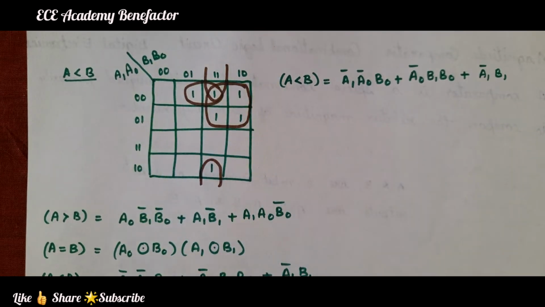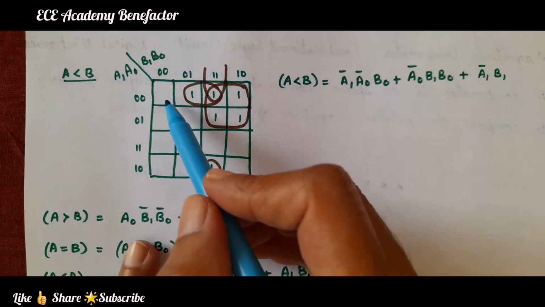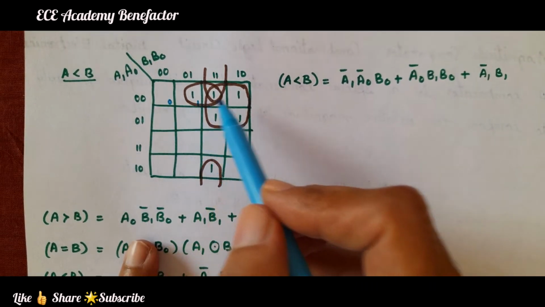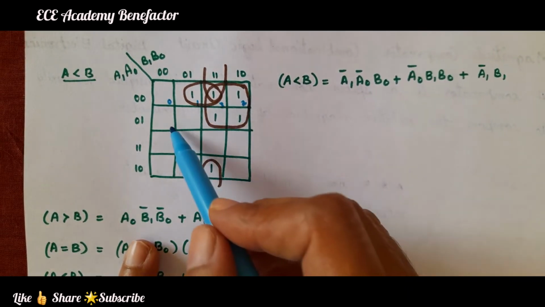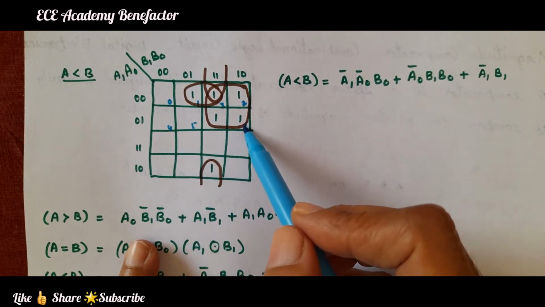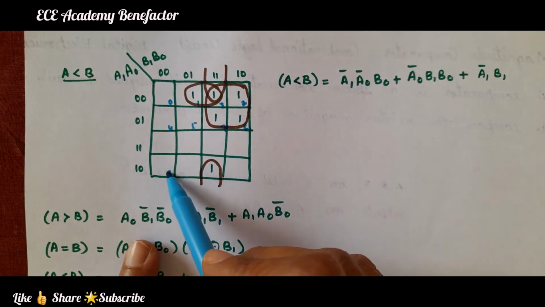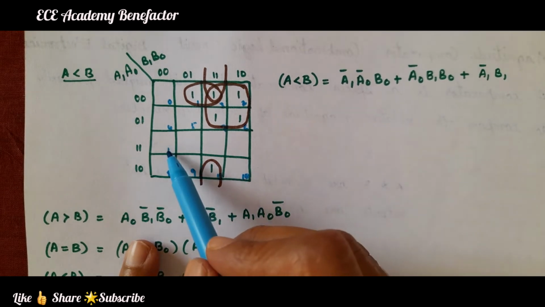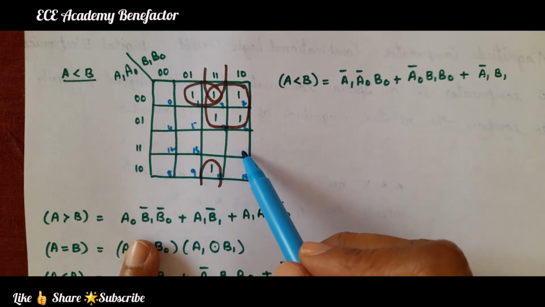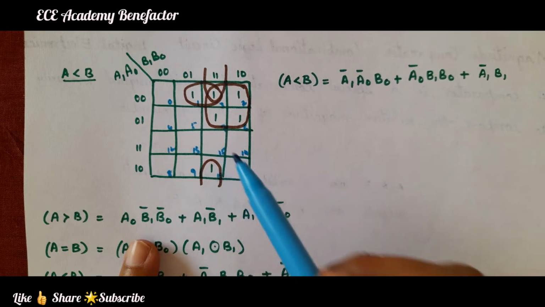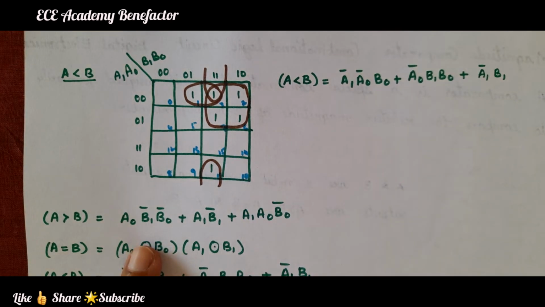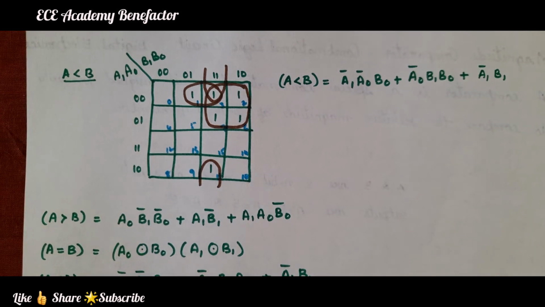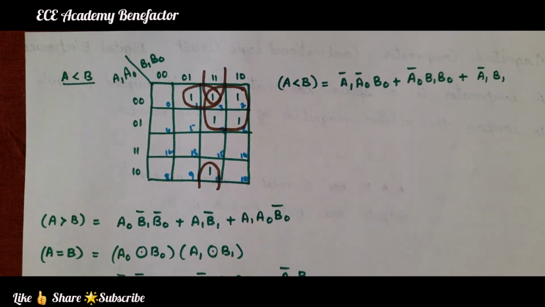In this way we have written the outer structure, and we know each cell number: 0, 1, 2, 3, 4, 5, 6, 7, 8, 9, 10, 11, 12, 13, 14 and 15. So when we know the cell numbers and look at the truth table, we need to fill in the ones, and we have filled these ones.